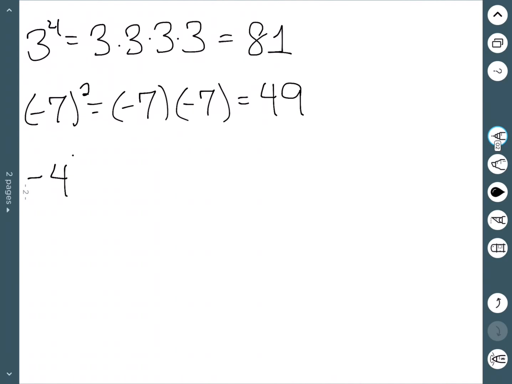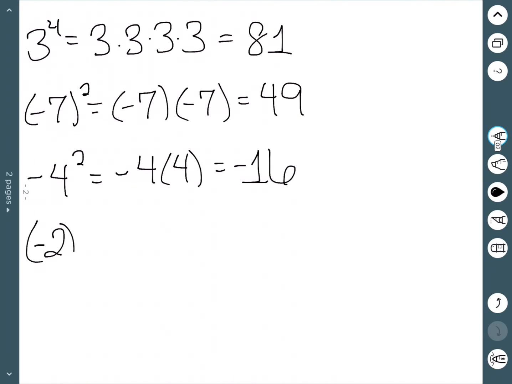If on the other hand I have -4 squared without parentheses, this actually means -(4 times 4), which would be -16. So parentheses with exponents are very, very important. If you have them, then you're actually raising the negative number to that power. And if you don't, you're actually raising the number to that power and then inserting a negative.